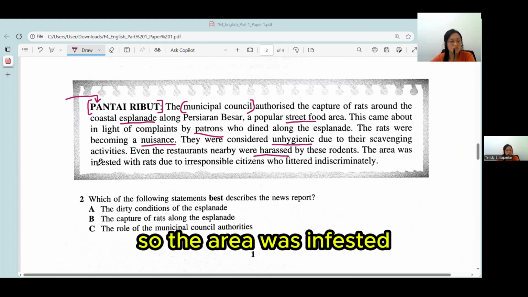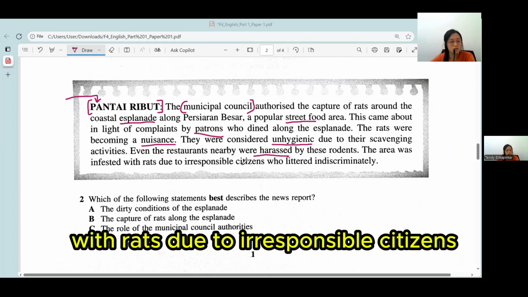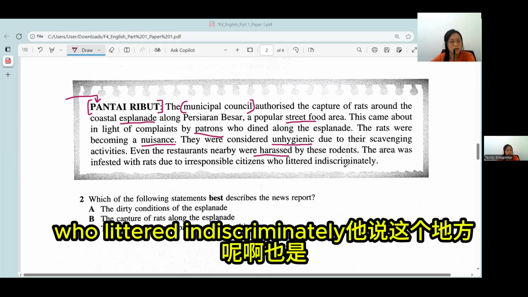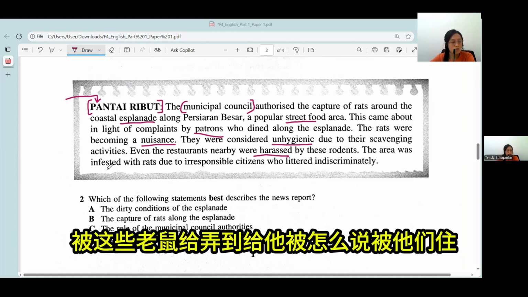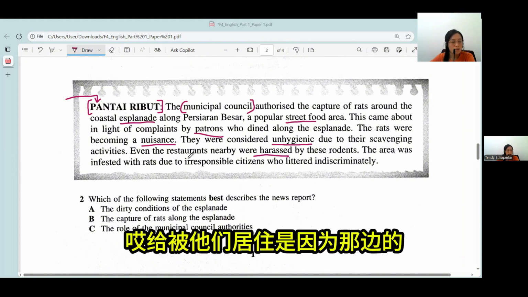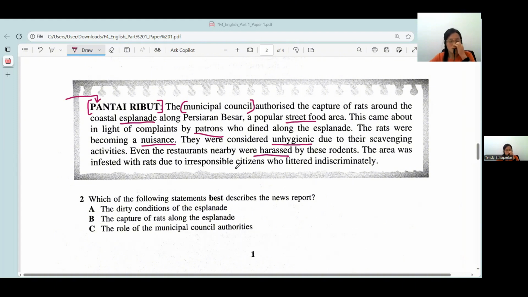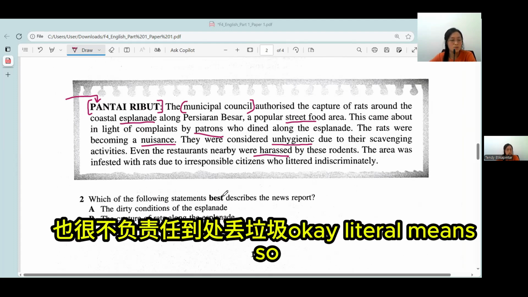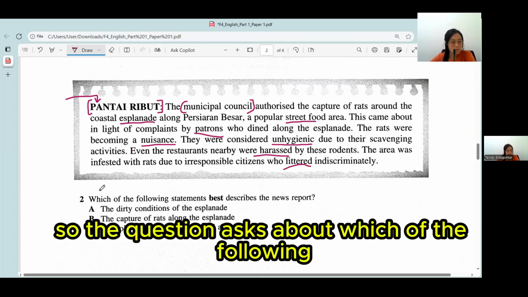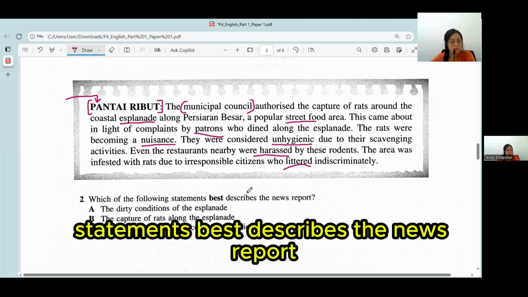So the area was infested with rats due to irresponsible citizens who littered indiscriminately. 他说这个地方呢，也是被这些老鼠给居住，是因为那边的居民呢，也很不负责任，到处丢垃圾。Again, litter means 到处丢垃圾. So the question asks about which of the following statements best describes the news report?